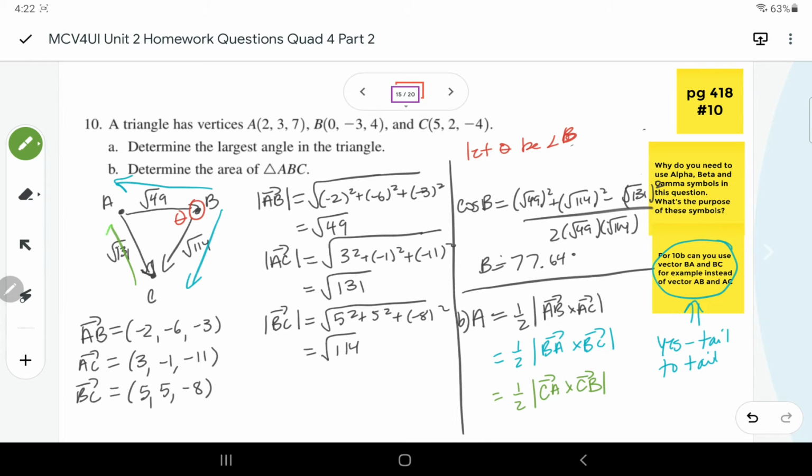As long as you're making two vectors along the triangle edges that are tail to tail, so they both have to be starting at A or B or C, either one of those will get you the same results. Any questions on that one? I'm going to leave the calculation there, just cross product magnitude and divide it by 2. Okay.